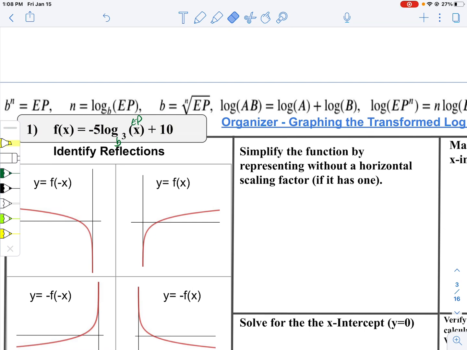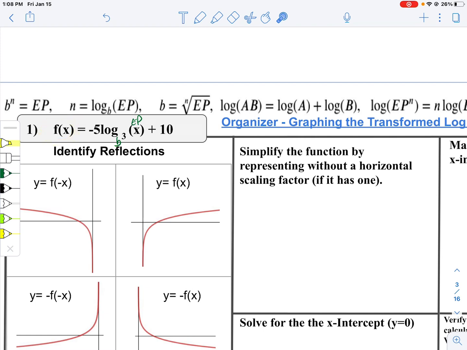Looking right here, x is not multiplied by a negative, so there's definitely no horizontal reflection. I don't see y over here, so that's not being multiplied by a negative either.